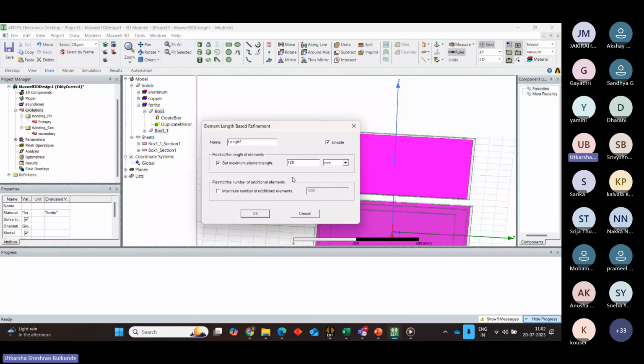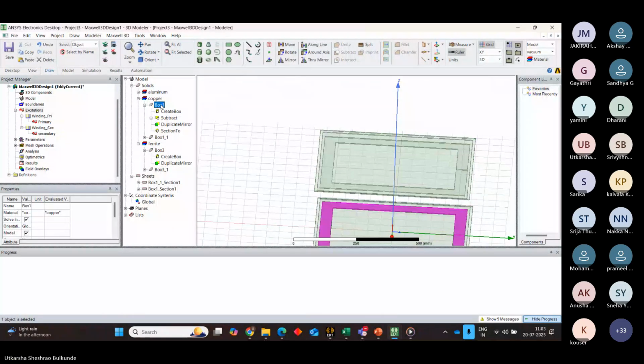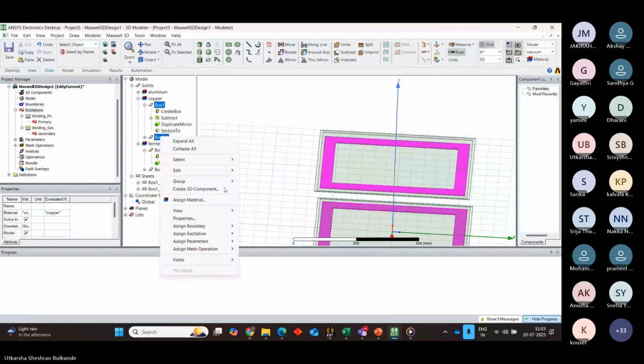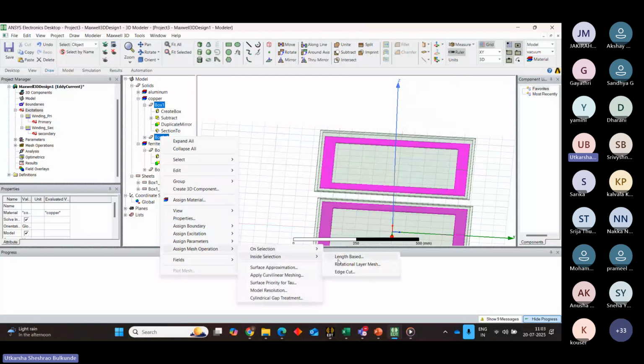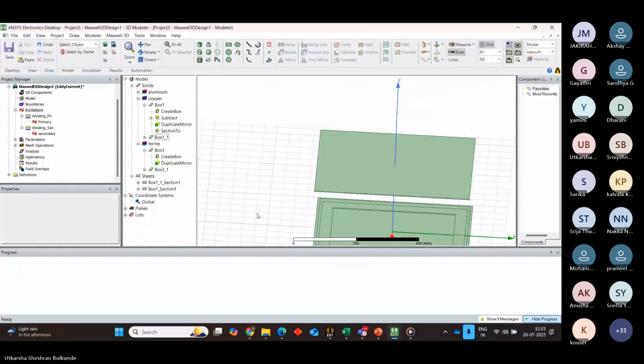Okay, default we will keep, it's fine. Then copper, assign mesh operation, inside selection, length based. Then aluminum.